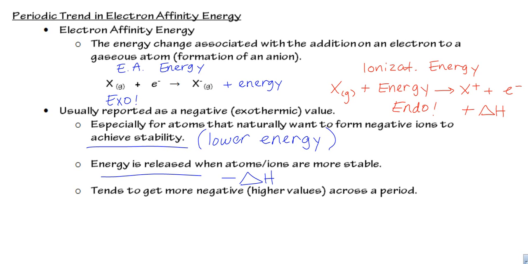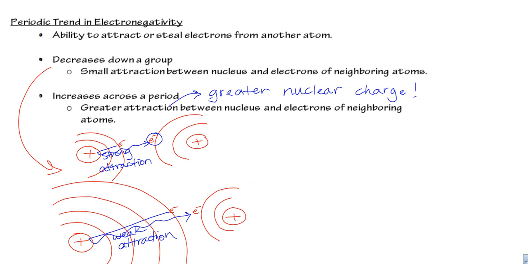I should maybe mention that on this last slide, if you go backwards a minute. The two extremes: if you ever have to plot trends in electronegativity, or maybe they give you four elements and say rank these in order of increasing electronegativity, think about the extremes.